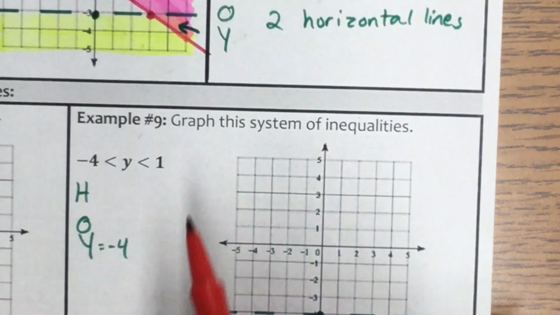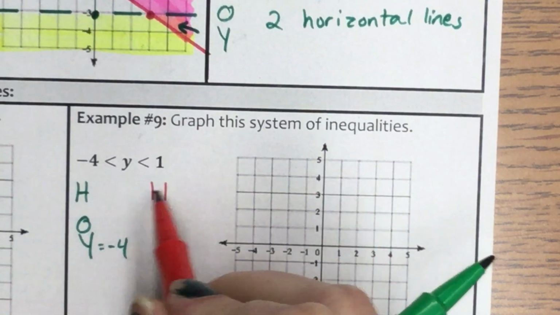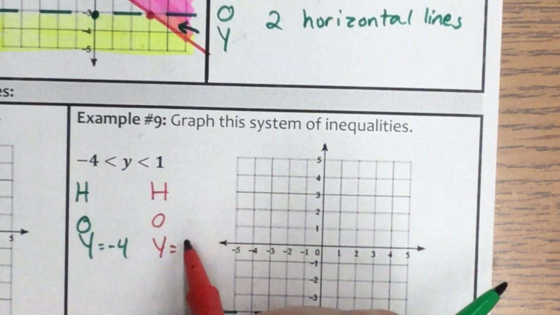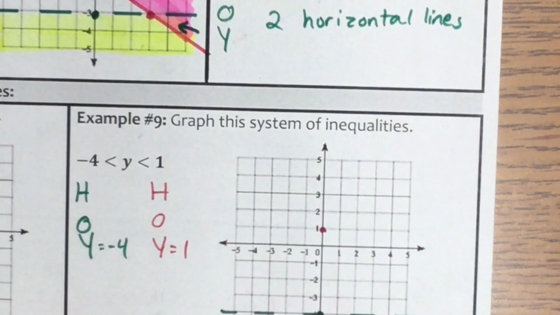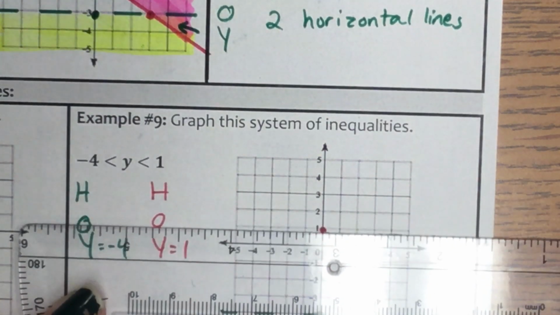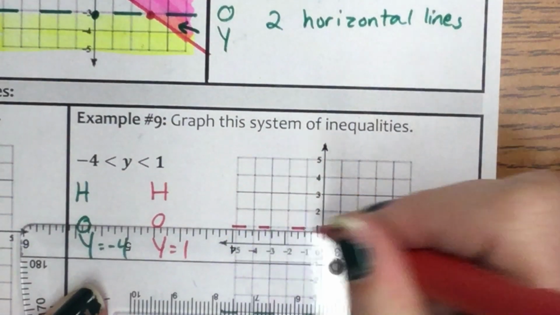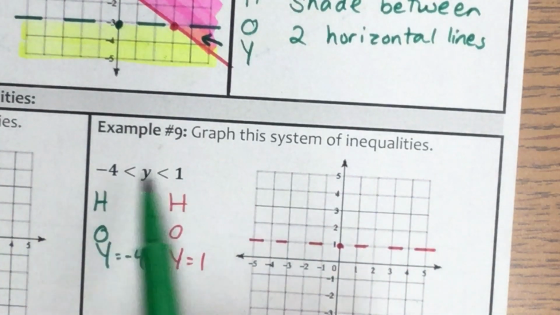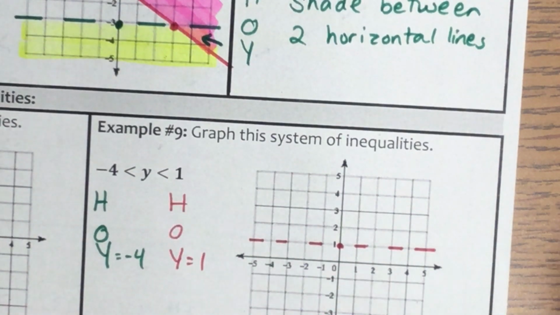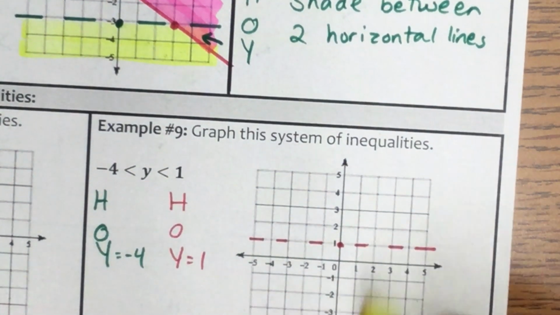Other one, y equals 1. So find 1. It is also dashed because no equals. I think that's the first time it's happened on this whole set of notes that the lines have the same style. All right, and then y is between these two numbers, so we shade in between those two lines.